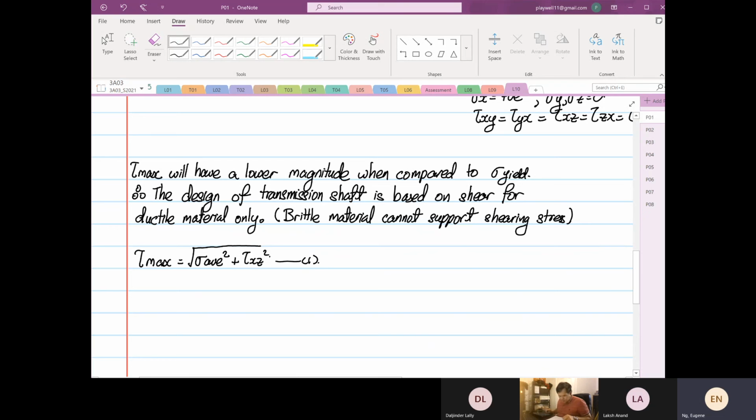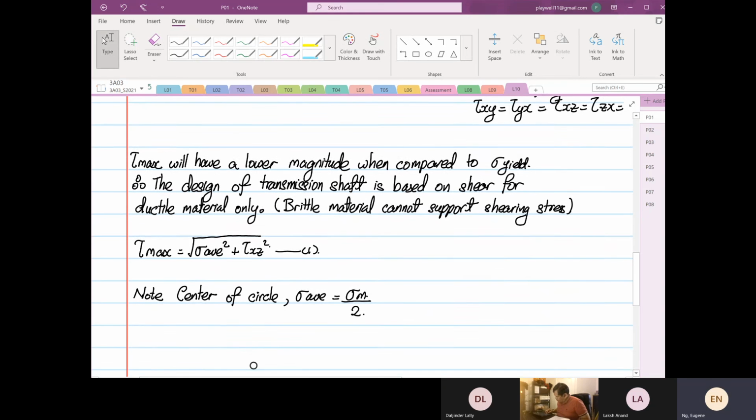We also know, and we wrote this last week, note that the stress at the center of the circle gives our stress average, which is equal to the stress induced by the bending moment divided by 2.